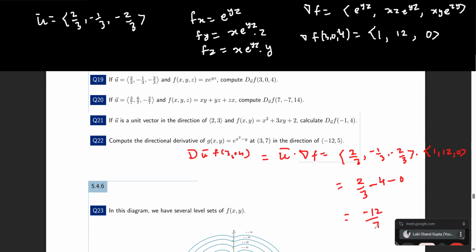Yes, minus 12 over 3. So we come up with one scalar value here, you will always get a scalar value. Go through once and try 20. So first we found the derivative per f_x, f_y, and f_z.